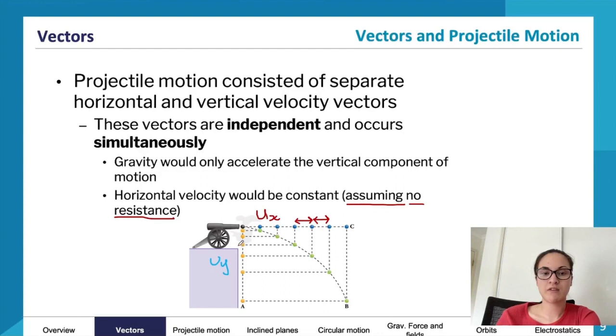So you could see that these gaps tend to widen. But yeah, always remember that Ux, or the horizontal component of velocity, relatively stays the same, assuming no resistance, whereas vertical velocity changes due to gravity.